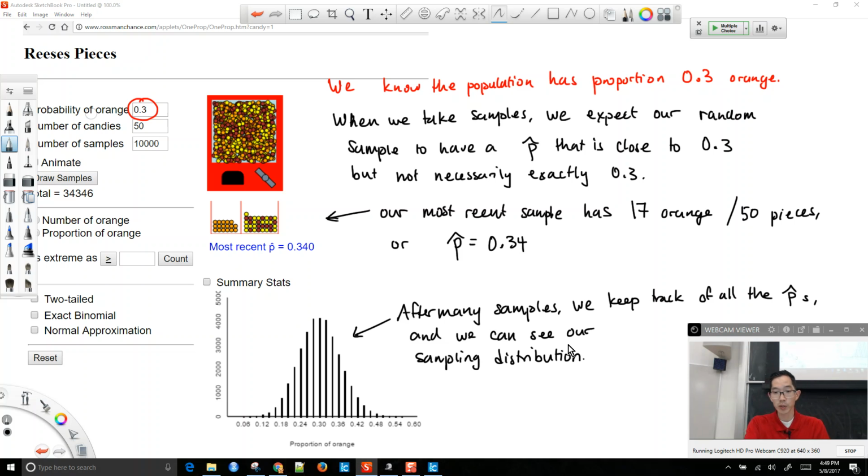What it appears so far is that our sampling distribution is unimodal and symmetric. And we'll talk about the exact shape of the sampling distribution on Wednesday. So we'll end here for now, and we'll see you guys on Wednesday.